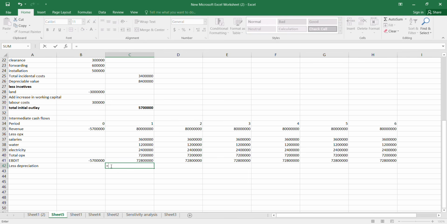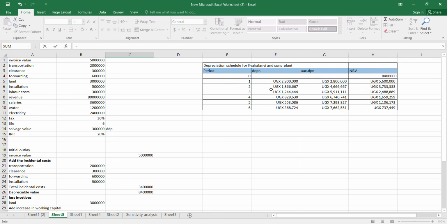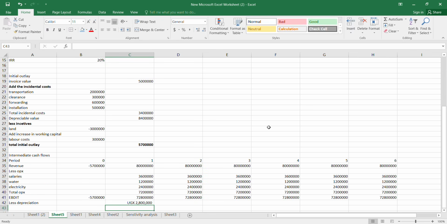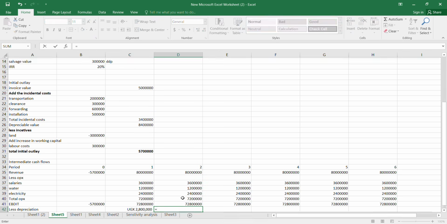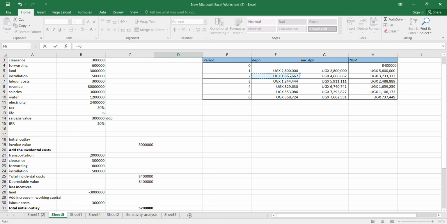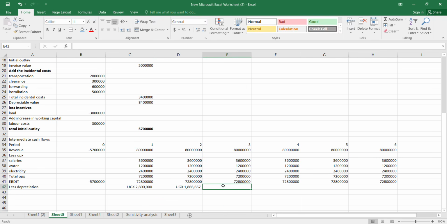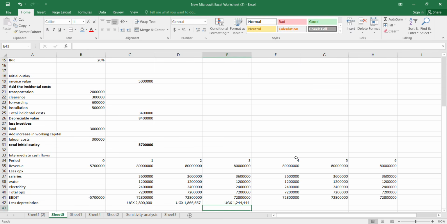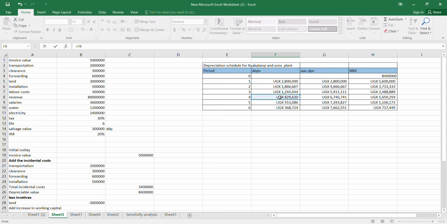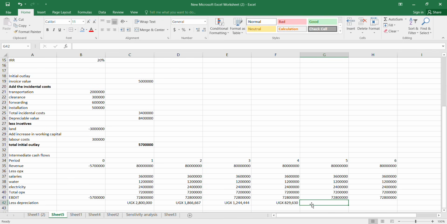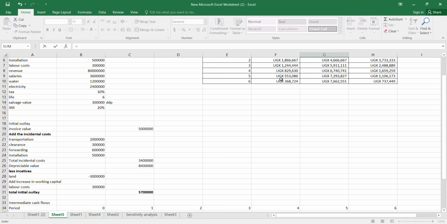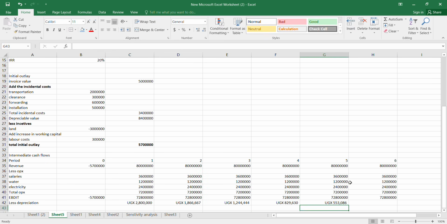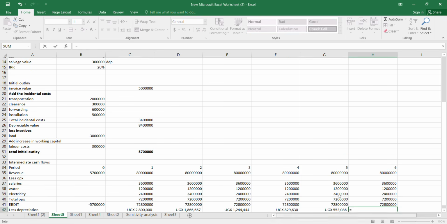Our depreciation in the first year was this, and in the second year respectively, and in the third year, and the fourth year, and the fifth year, and in the sixth year.